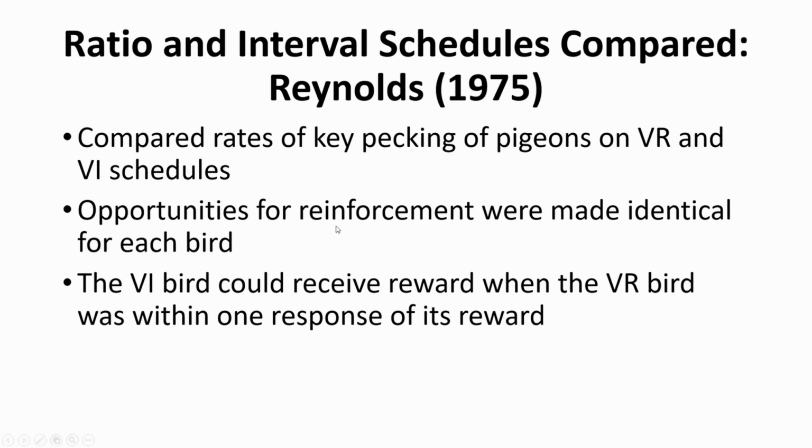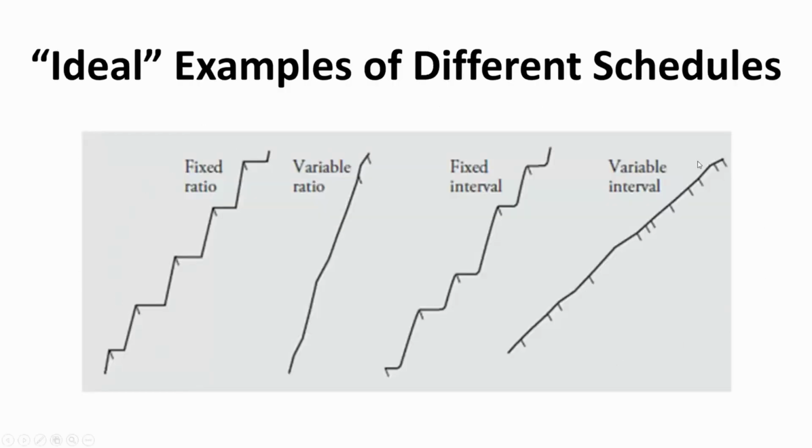Now, looking at our graph of these different types of reinforcement schedules, or the rate of responding that we observe for each of these reinforcement schedules, we obviously see quite a few similarities. Our fixed ratio and fixed interval both show post-reinforcement pauses. They show that little plateau after reinforcement has been given.